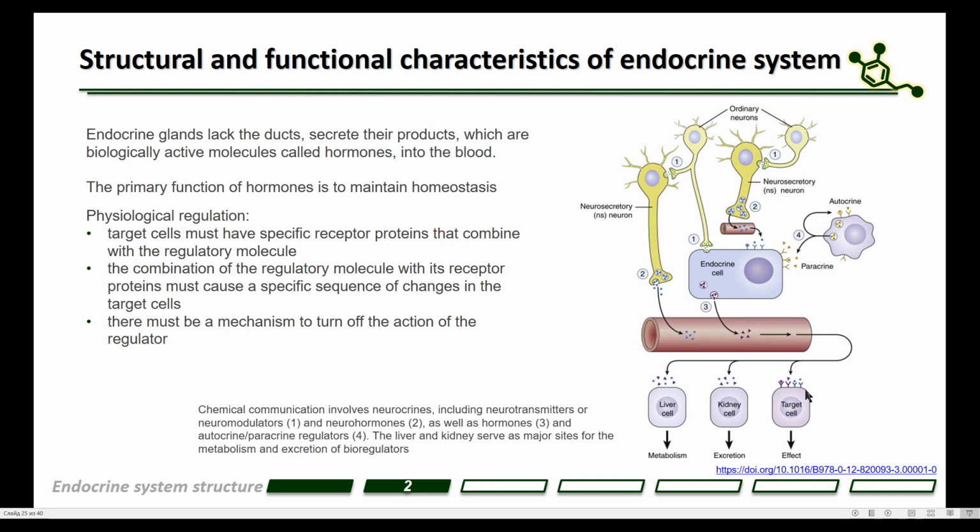Because it has receptors on its surface for this particular hormone. After forming the receptor hormone complex, it will change its function within the cell. And of course, we do have the mechanism which then turns off the action of this hormone.